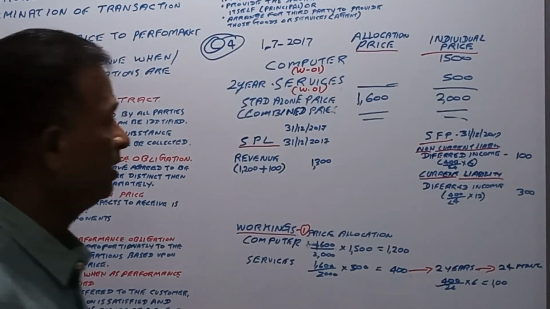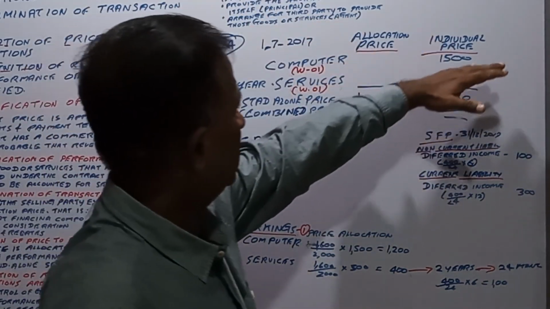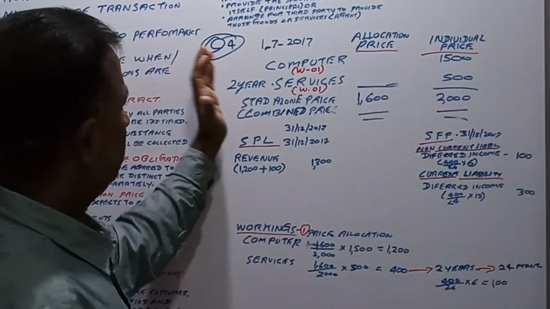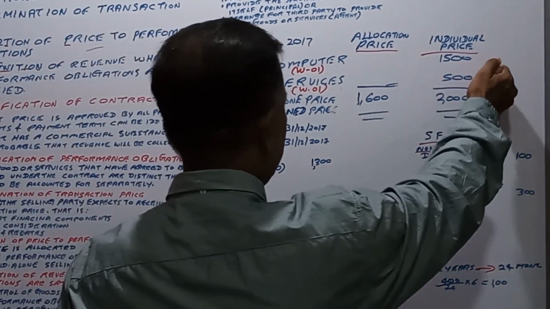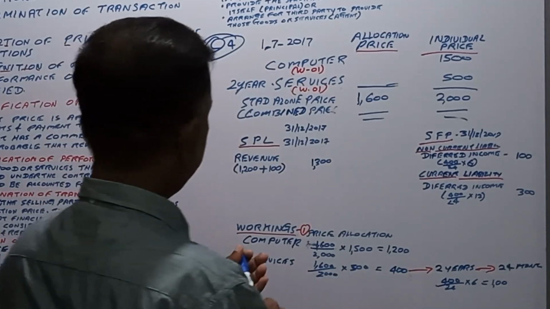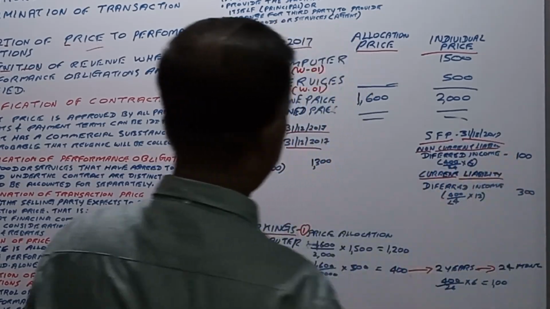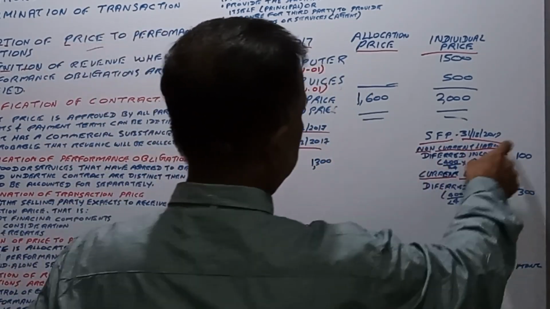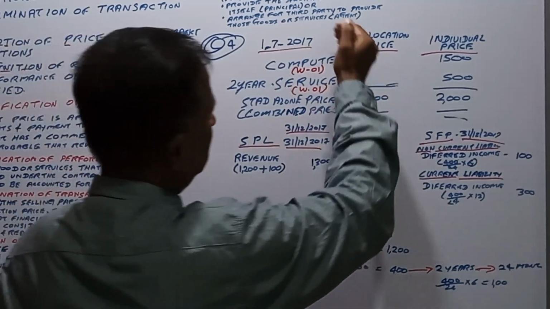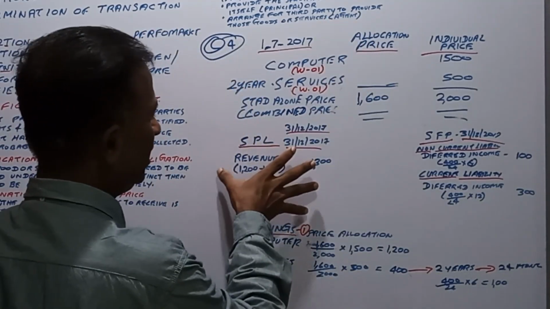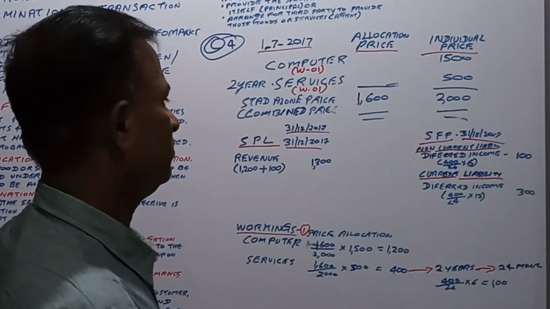Why? Because for the computer, the sale takes place then and there, so we take it in full. For services, there are 2 years of services, for which we are getting 500. The period ending is 31st December. The transaction takes place in July 2017, and we are preparing the balance sheet and profit and loss for December 2017, so for services we take only 6 months.